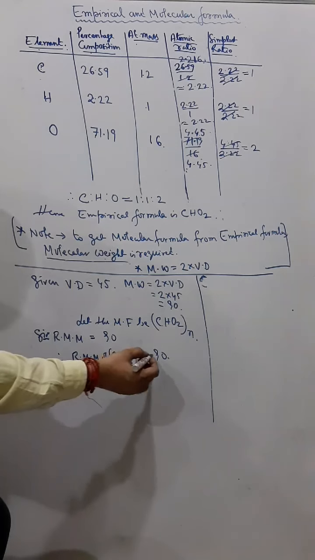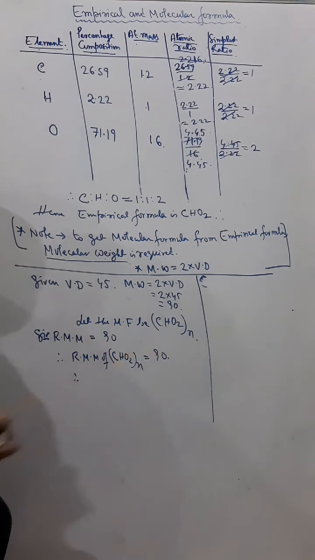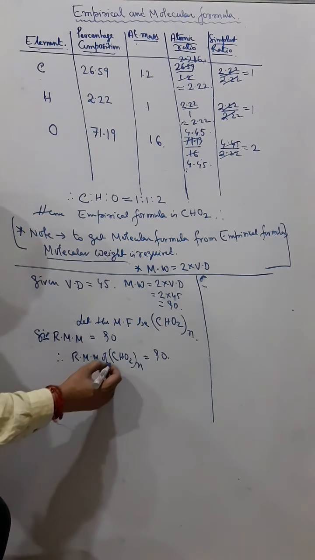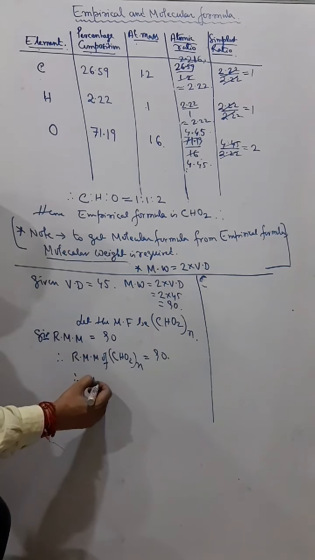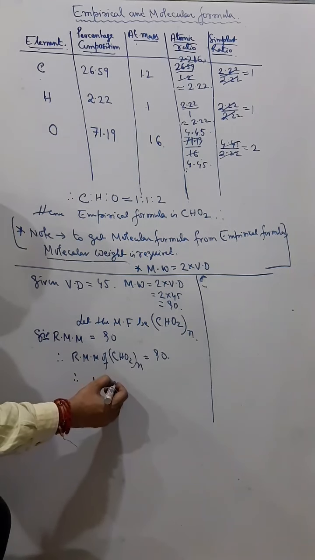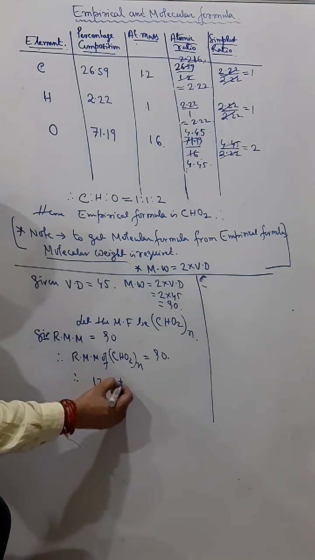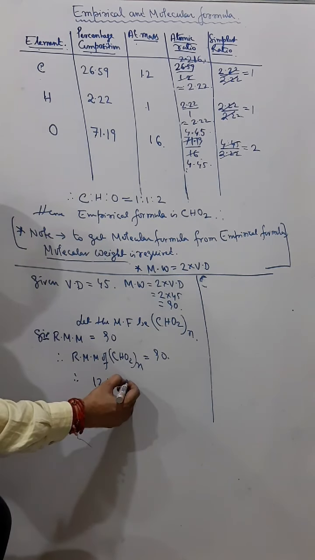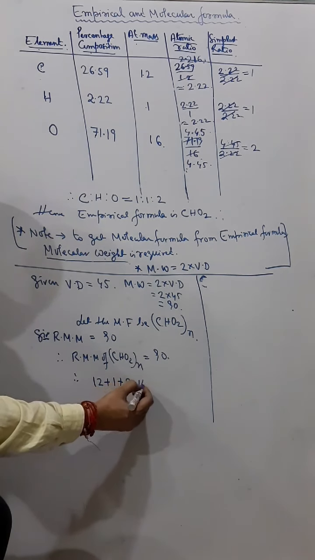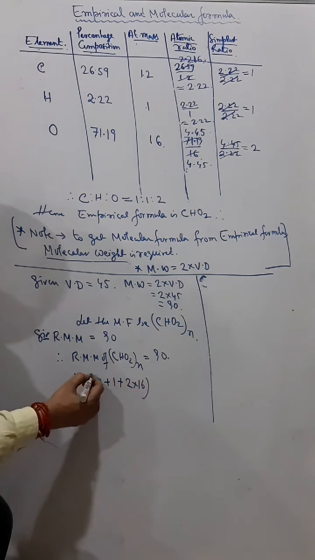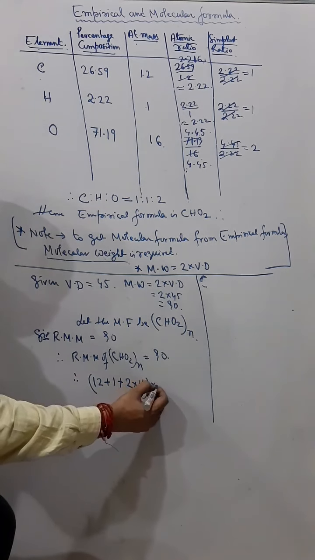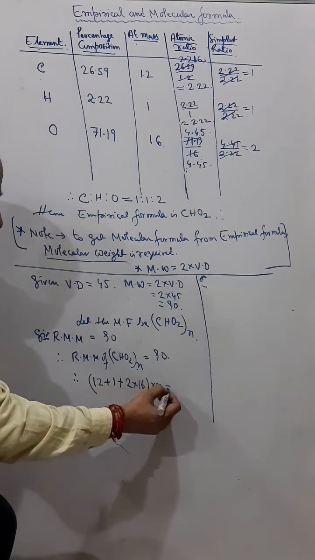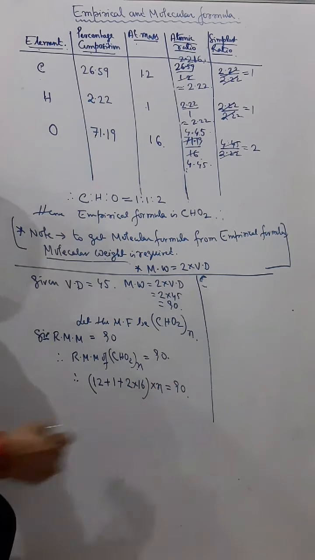That means we have 12 plus hydrogen is 1 plus oxygen is 16, so we have 2 into 16, and into N, and that is equal to 90.